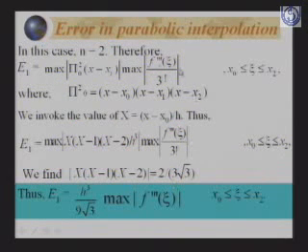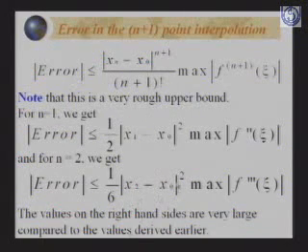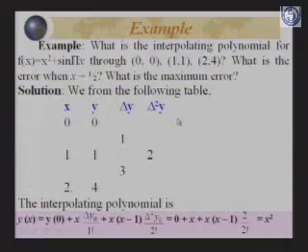The same can be applied to parabolic interpolation, that is quadratic, n is equal to 2. On the same pattern, the maximum error will be h cube upon 9 square root 3, times the maximum of the third derivative of this function. And similarly, this error formula will hold for n plus 1 interpolation points.